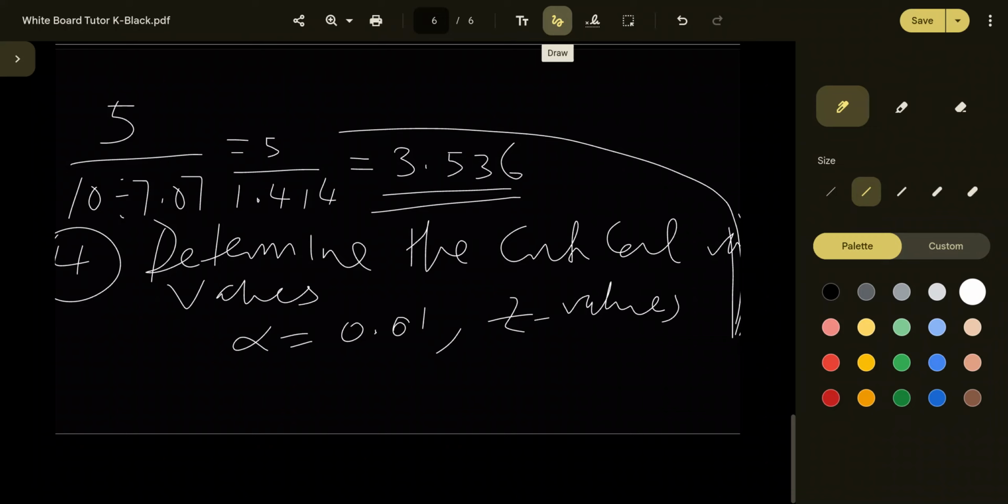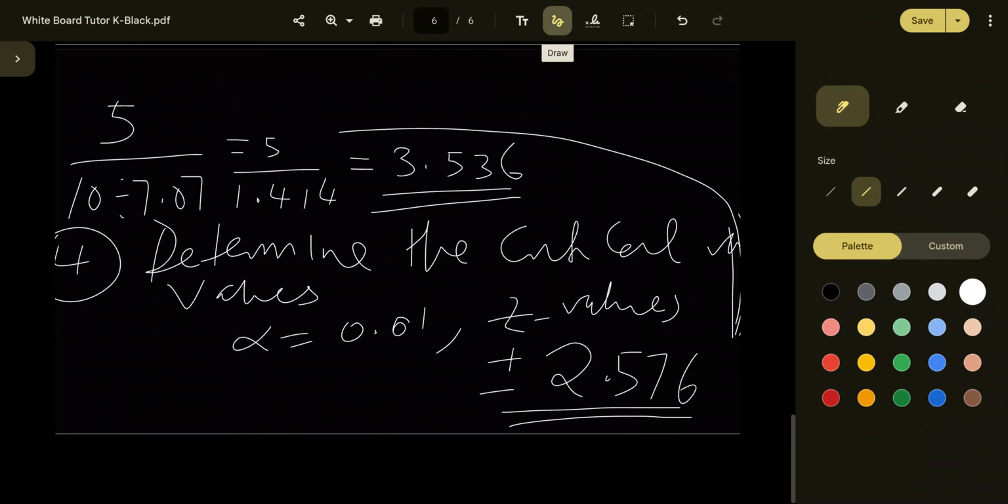So if it is for a two-tailed test, you simply multiply by 2. So these values are going to be positive or negative 2.576. Okay, this is the value that you have. You know there's a degree of freedom, which is n minus 1.